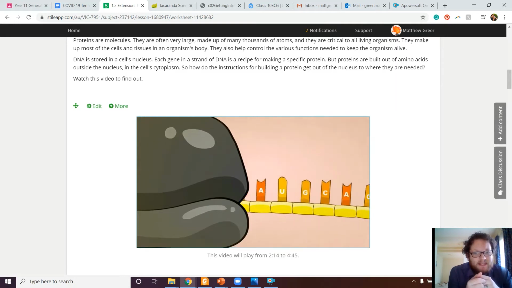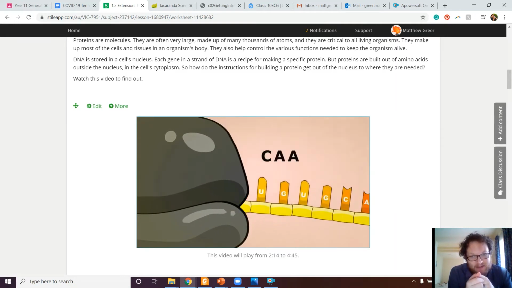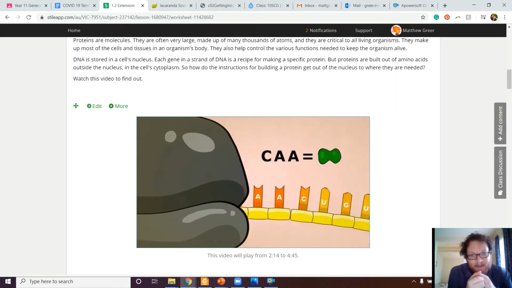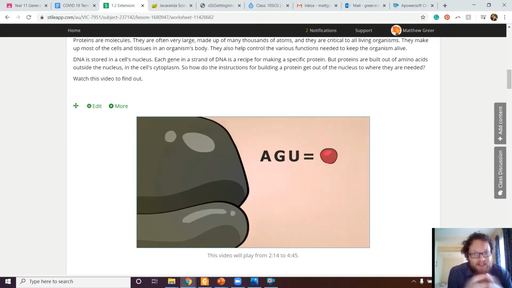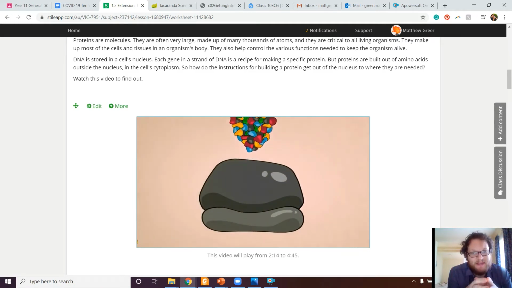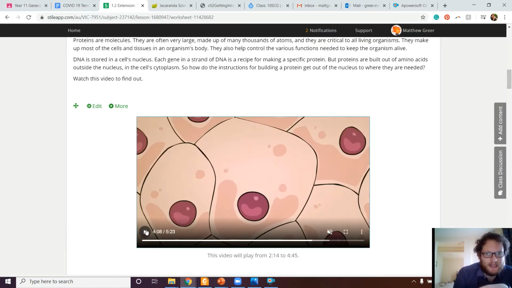So each of those pieces of RNA are getting read and making unique parts of the protein structure, and then eventually you end up with this big protein at the end, which goes off to do some kind of operation, like even make a new cell.